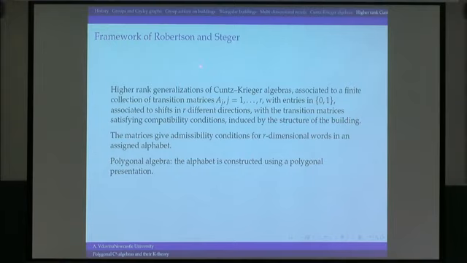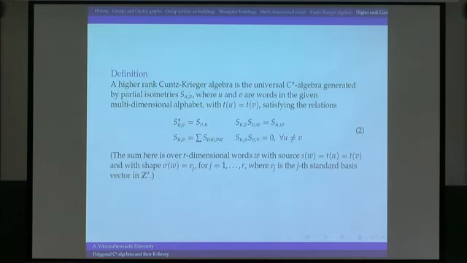But okay, now we have this alphabet, and I think we are ready to define this higher rank Cuntz-Krieger algebra. This is a formal definition, but how to think about it elementarily: we have this alphabet, we have multidimensional words, and how do we define our partial isometries?